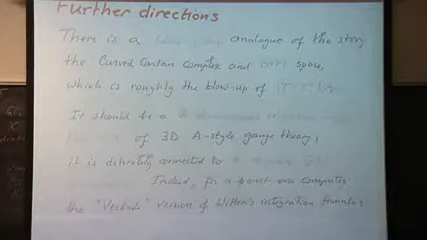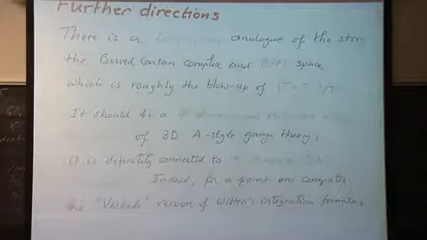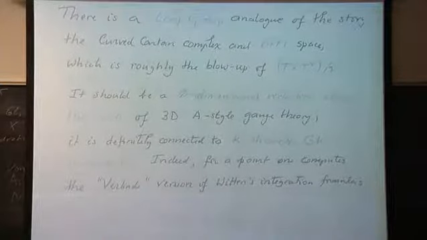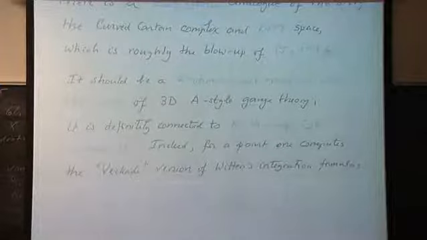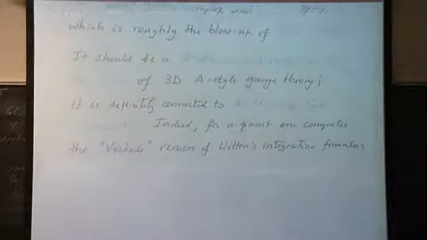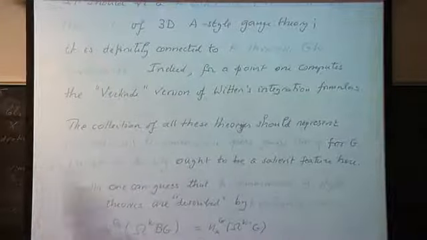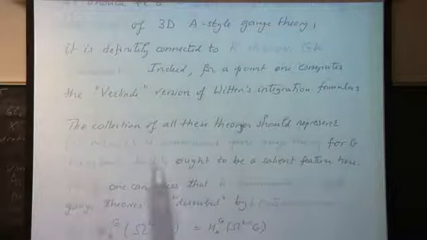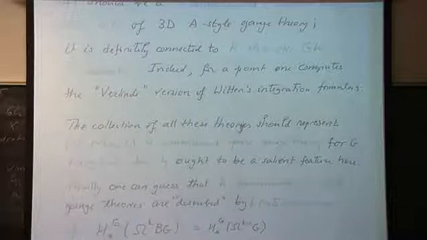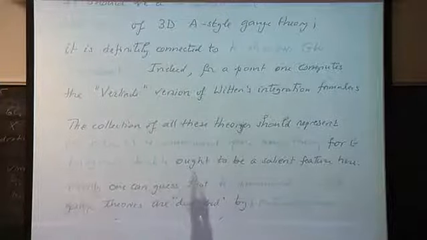What I know it's connected to, at least in simple cases, is K-theoretic Gromov-Witten theory. And for the gauged point, you compute the Verlinde version of Witten's integration formulas. You compute K-theory integration formulas on the moduli space. You can try to guess that the collection of these theories should represent circle-reduced 4-dimensional pure gauge theory for G. And because of work of Kapustin and Witten, we think that Langlands duality should be very obvious, very salient there.